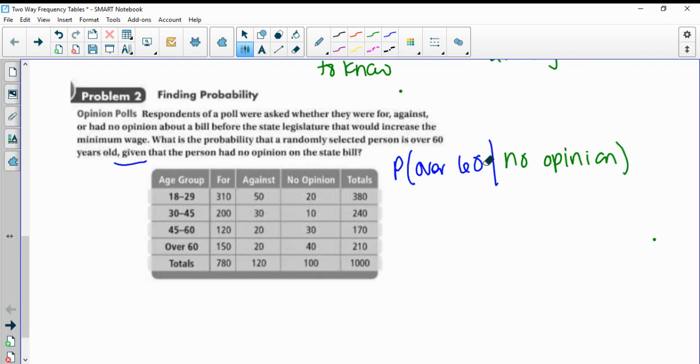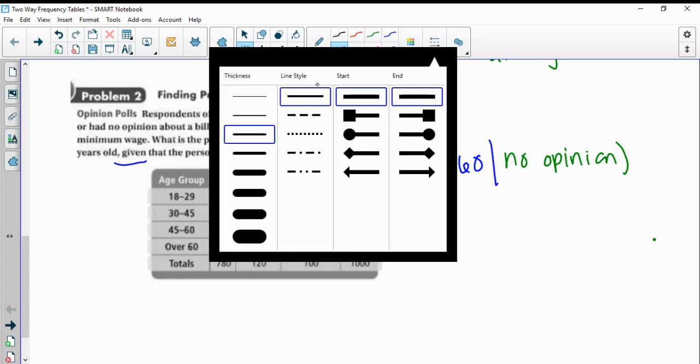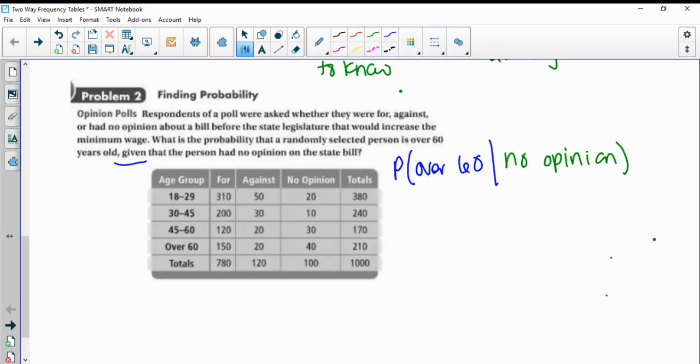So we want to know how many of them were over 60. We know for sure, the other way you can think about conditional probability is thinking the second thing, that's what you know for sure. So we want to know about the over 60 people. And we know for sure that they had no opinion.